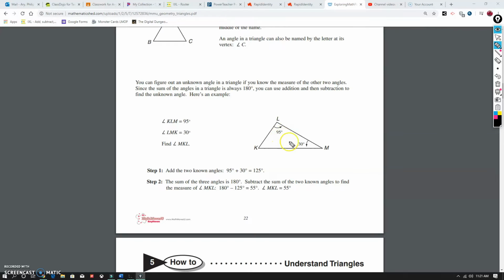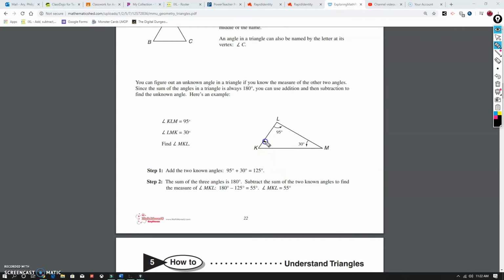In this case, we had 95 and 30, and we need to find the measure of MKL right here. You add the 2 known angles, which they added for you, 95 and 30, to get 125. Then you subtract that from the total amount it should be, which is 180.